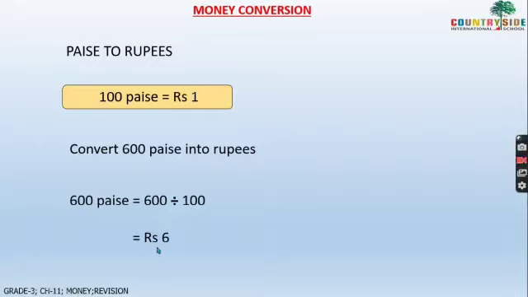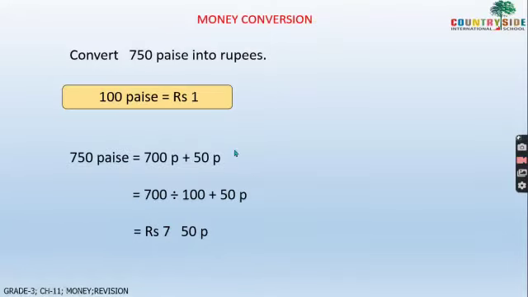Okay children, then next is convert 750 paise into rupee. Now again the same formula, 100 paise is equal to rupee 1. So 750 paise is equal to 700 paise plus 50 paise.